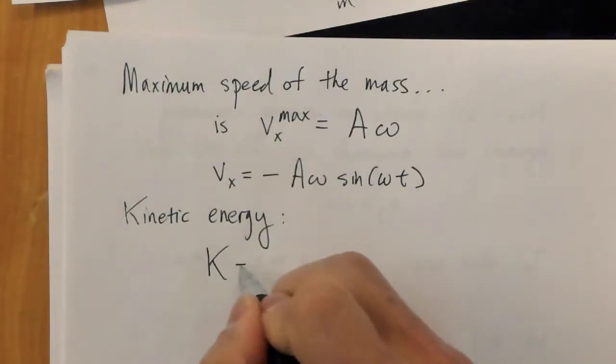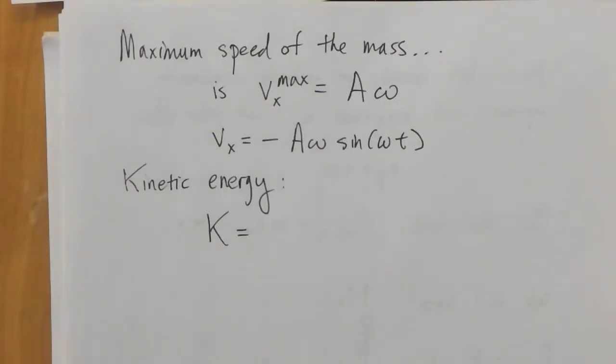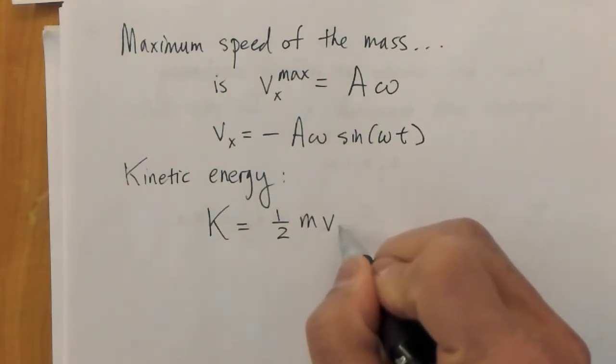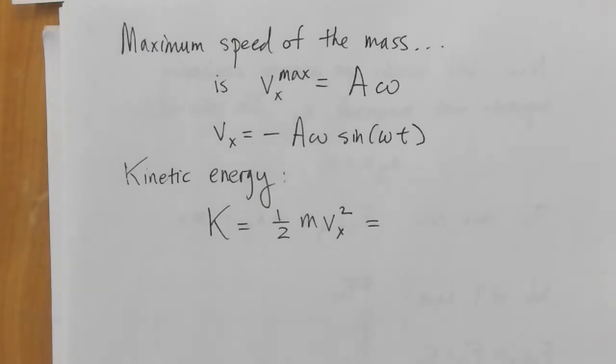There are no rotations here, it's just translational kinetic energy. It's 1/2 mv squared, or vx squared, if I want to be careful. Everybody's okay with that? 1/2 mv squared.